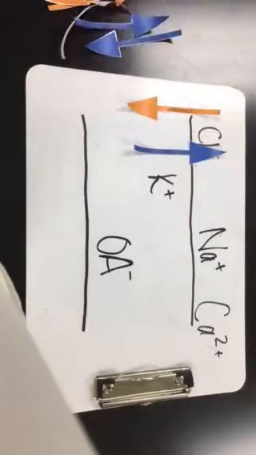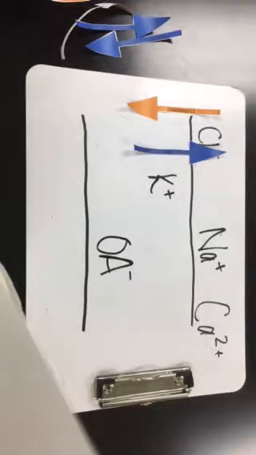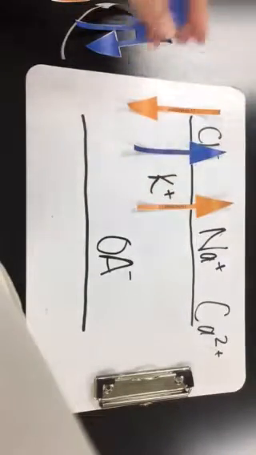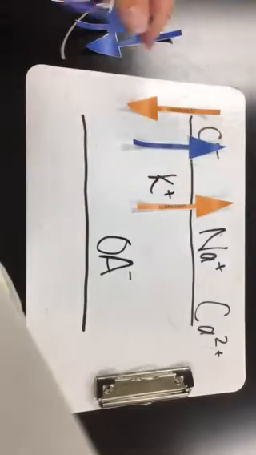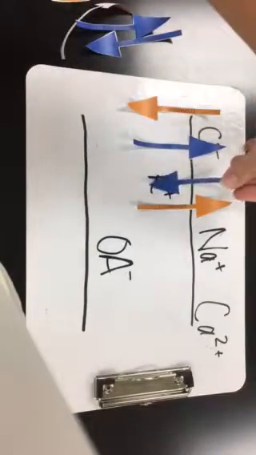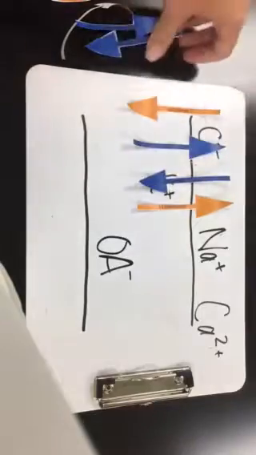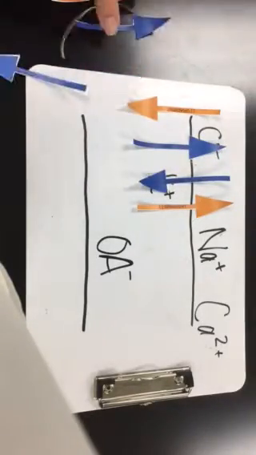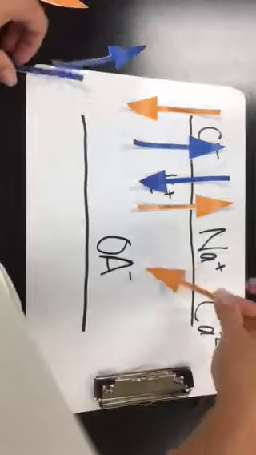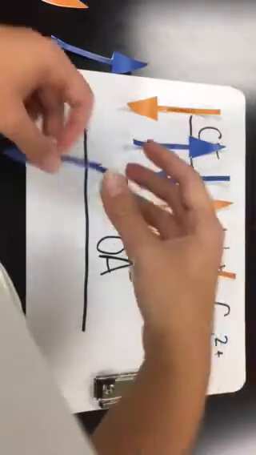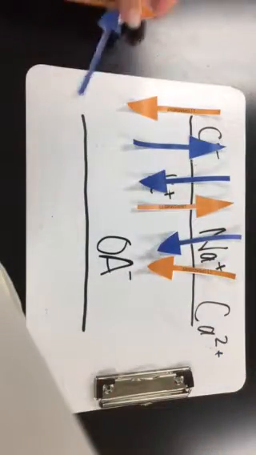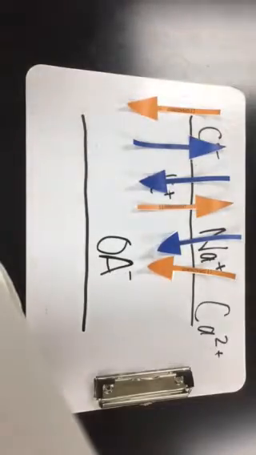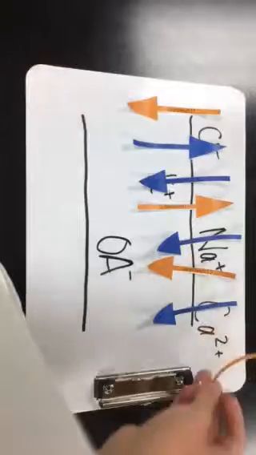Potassium, because it's already concentrated on the inside, is going to want to flow out chemically, but it's going to want to stay in electrically because positives and negatives attract. Sodium wants to go in both chemically and electrically. That positive charge is pulled into this negative area, and because it's more concentrated out here, it wants to flow into the area of low concentration. And calcium also wants to flow in both chemically and electrically.